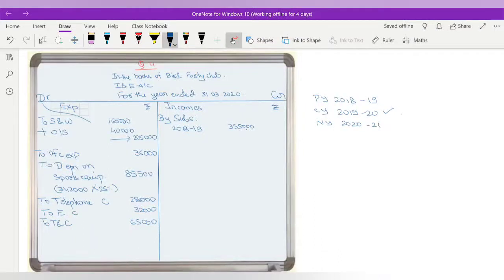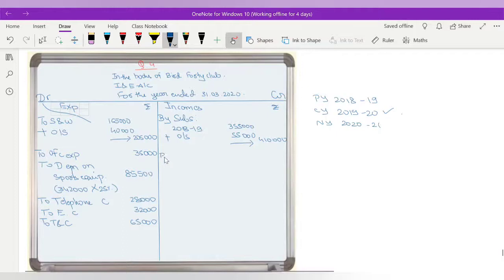For the current year, there is outstanding still. I have to receive how much? 55,000 plus outstanding 55,000. Total will be how much? 3,55,000 plus 55,000 will be 4,10,000.